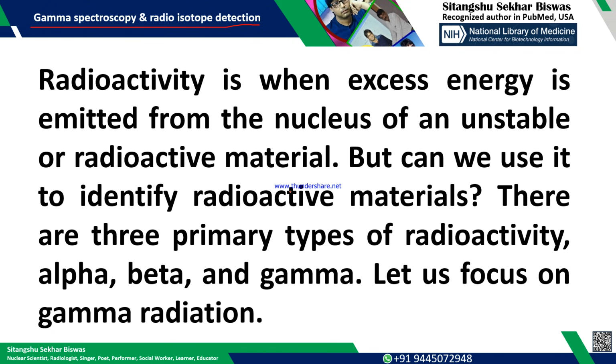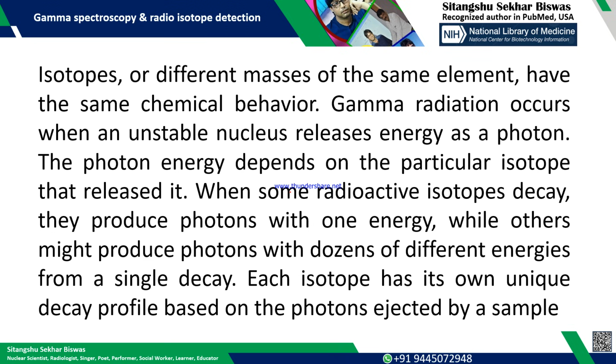Normally we know that there is alpha, beta and gamma. For this, as the name suggests, we will focus on gamma radiation. You know what is called an isotope. It has the same atomic number but different mass number.